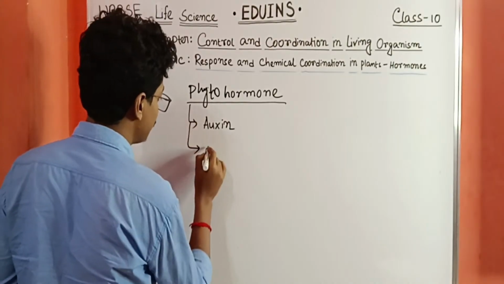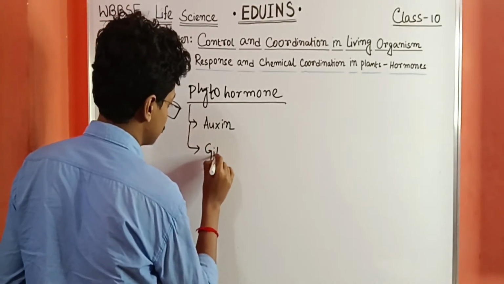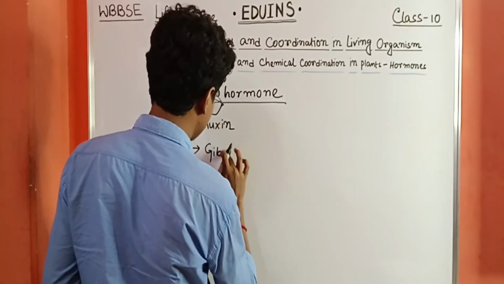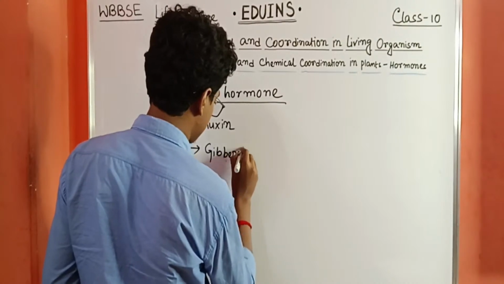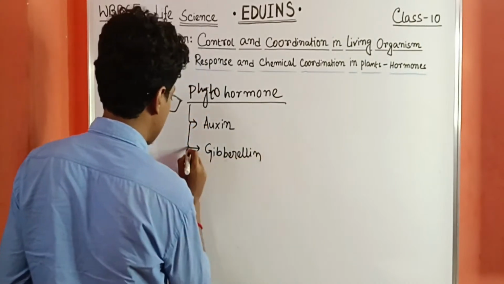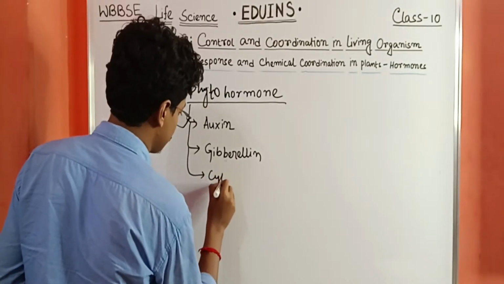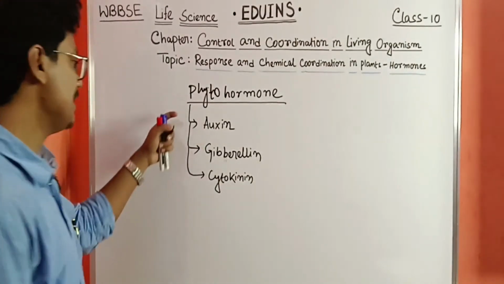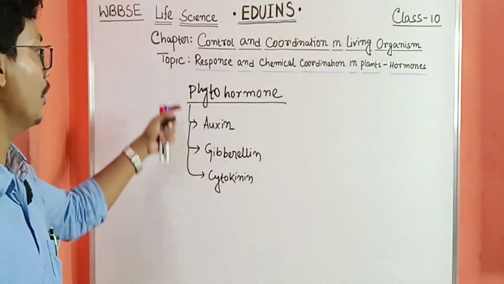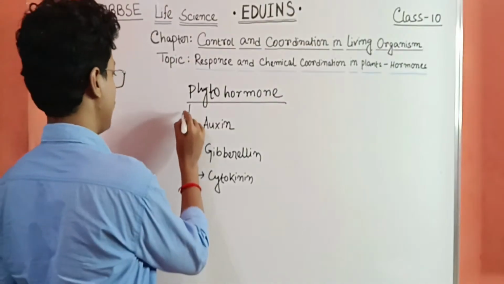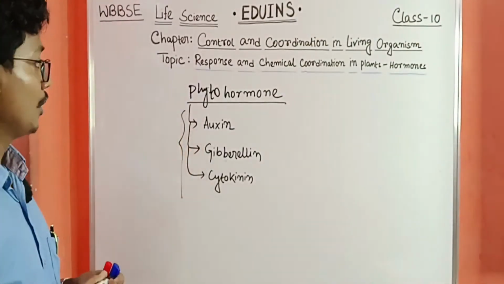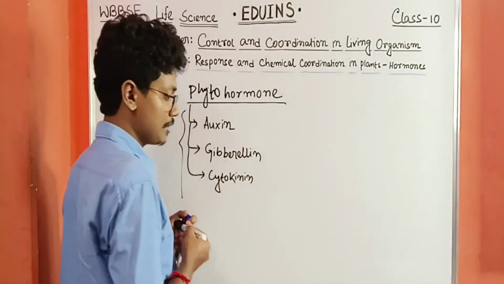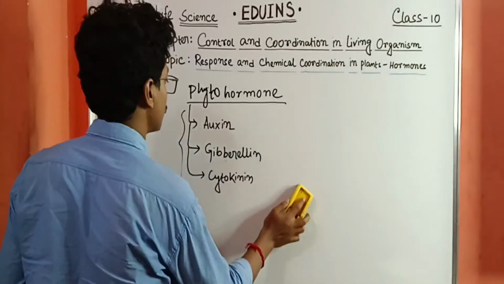Number two is gibberellin. And number three is cytokinin. These are the main three natural phytohormones in the plant body. So let's get into the details of these hormones. First one is auxin.